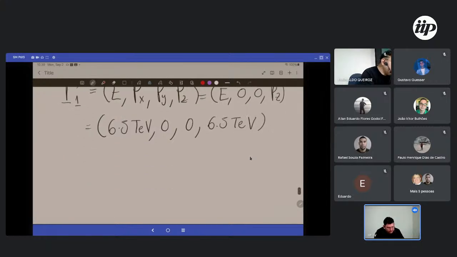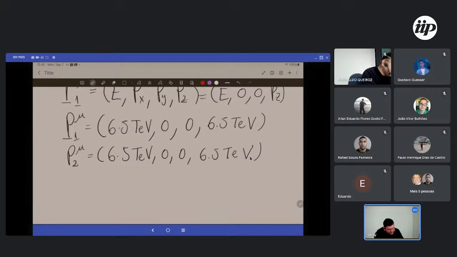For the first proton, and for the second proton, the collisions are symmetric. We have the same thing, with 6.5 TeV. So that is the four-momentum for the protons.